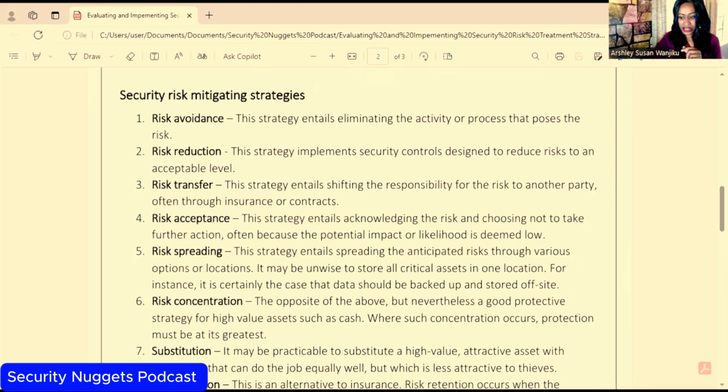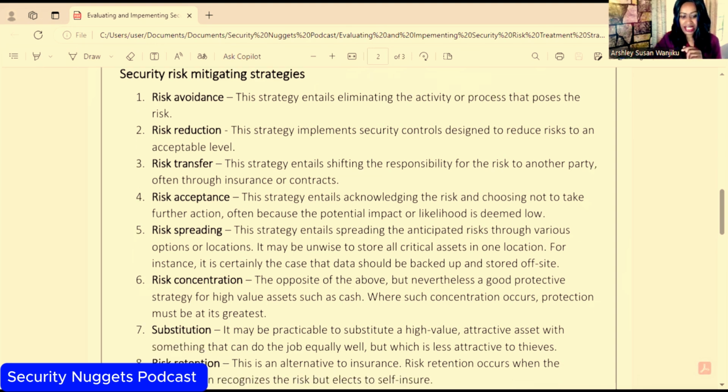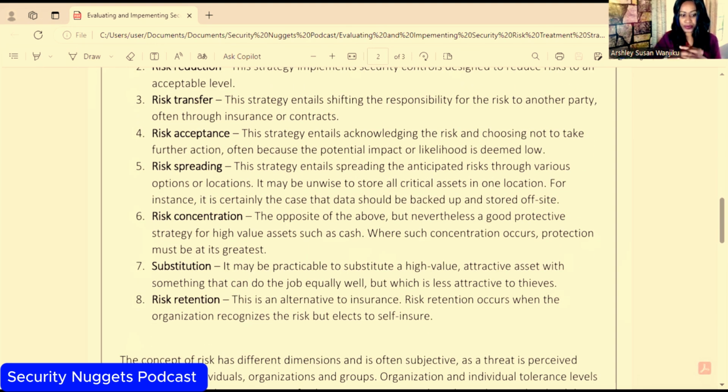The other strategy is substitution, okay? And basically what this means is we are substituting a critical asset and replacing it with an asset that can do the same job but is of lesser value, all right?